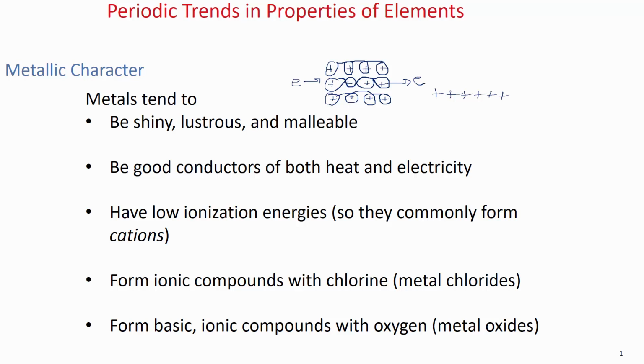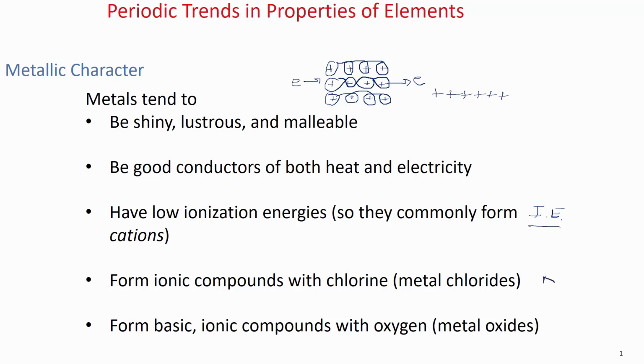We've talked about how they have low ionization energies because of a low Z effective. The effective nuclear charge is low compared to nonmetals. So if you haven't seen the video on effective nuclear charge, you may want to do that. They tend to form ionic compounds with chlorine.